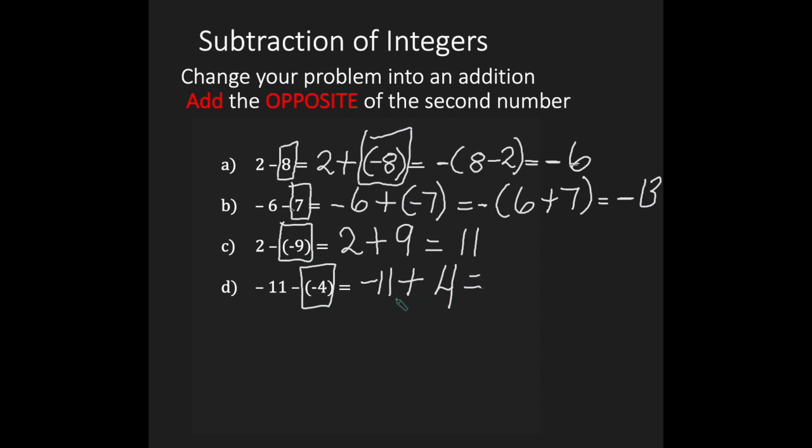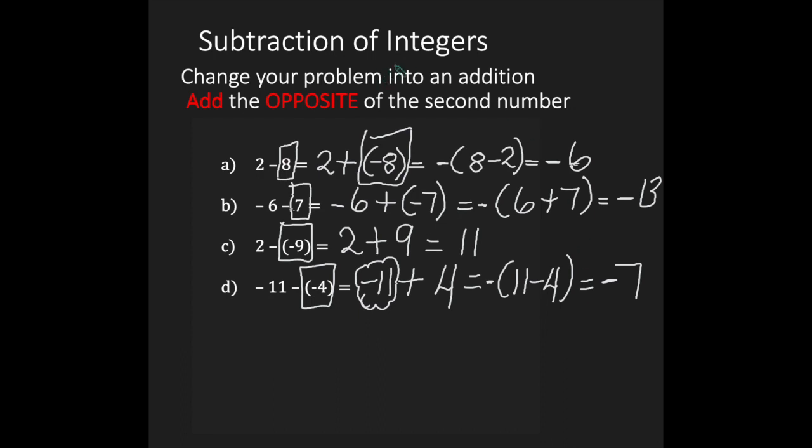Now I have to remember my rules for adding integers. When the signs are different, I'm going to subtract. 11 minus 4. Who is bigger? The 11. So my answer will be negative. So my answer is negative 7.